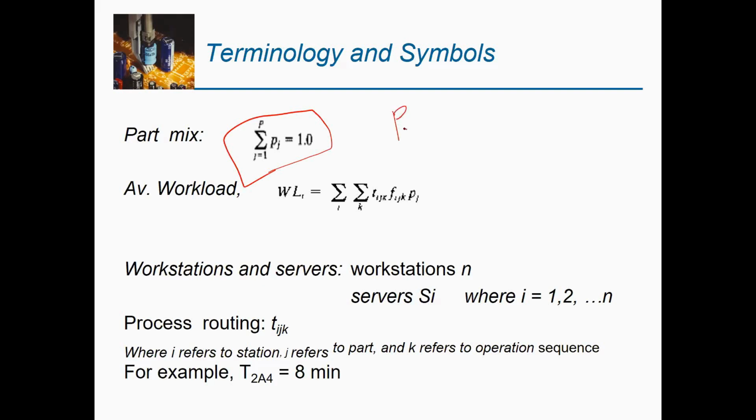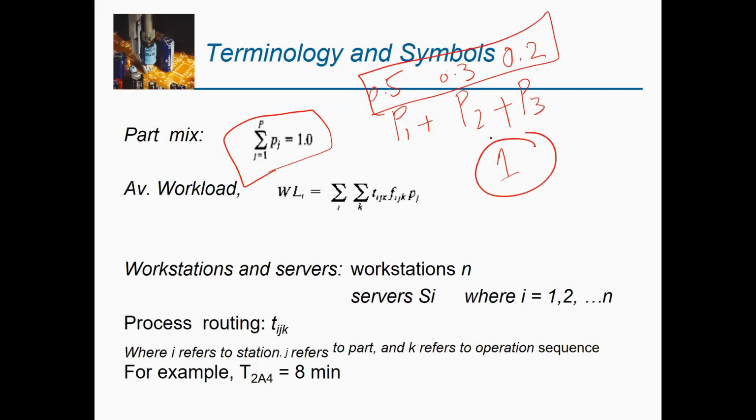For example, if there are three varieties, P1, P2, and P3, then the sum of all will be equal to 1. Mix means, for example, P1 will be 0.5, P2 will be 0.3, and the remaining 0.2. So the sum of this will be equal to 1.